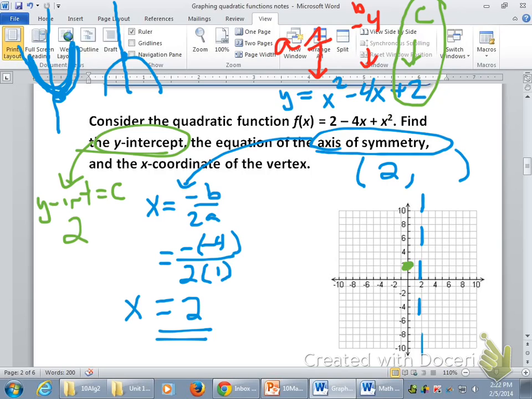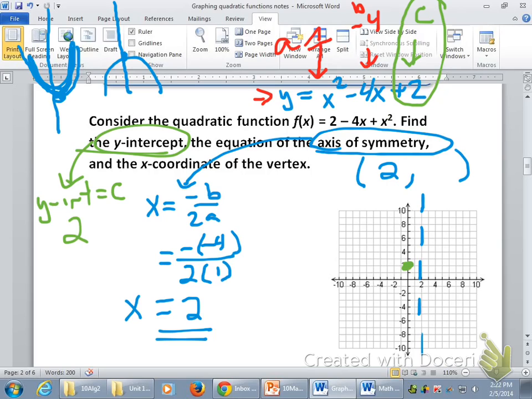Now, here's the question. What's the something? How do you find the y if you already know the x? Somebody said it. What do you do? Well, I could do that, but that'd be a little complicated. If you know the x, what does this equation up here tell us? The y. So what should I do with the x?